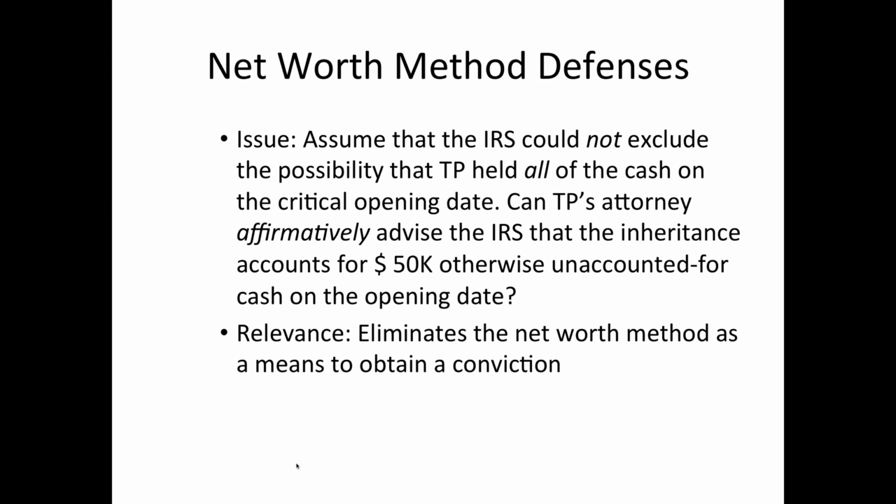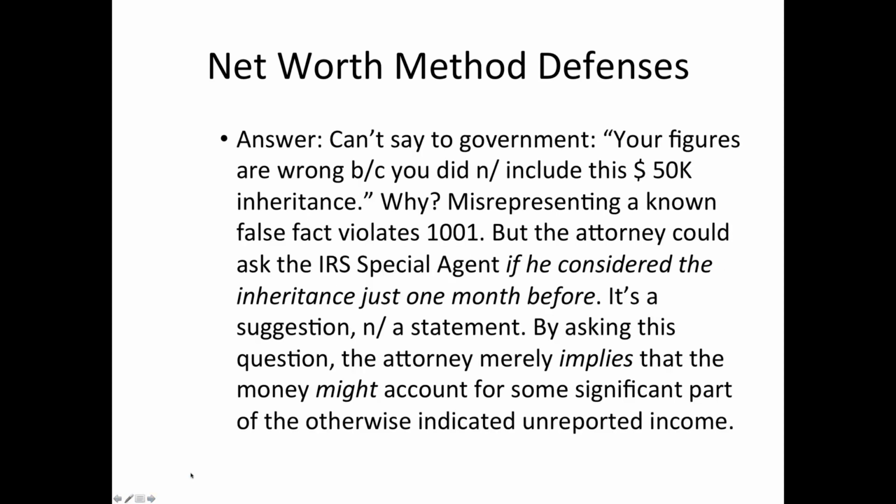Well, first of all, let's back up and determine what the relevance is. The relevance of this is that it eliminates the net worth method as a means to obtain a conviction. The answer here is that you can't say to the government, your figures are wrong because you didn't include this 50,000 inheritance. Why?